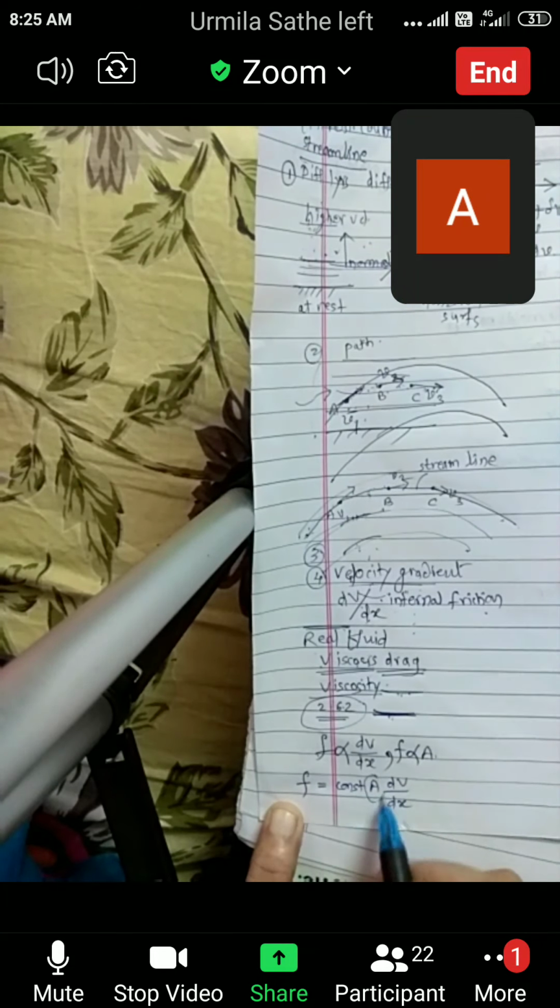So this A is area of layer. It is not cross section area. ये जो लेयर का एरिया है ना पूरा ऊपर का, वो एरिया है.